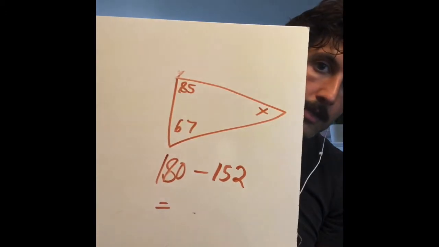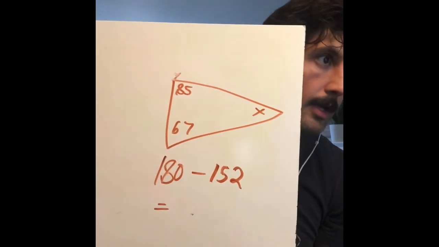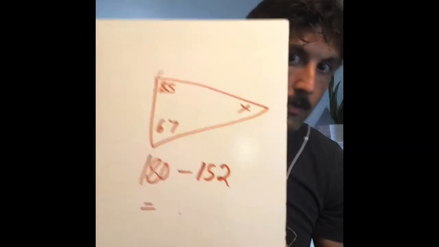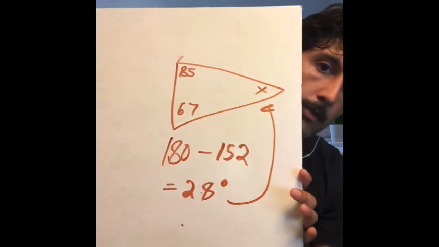So 180 minus 152, because I just added the 85 and the 67. When I do the actual subtraction, I end up with 28. So my x in this case is 28 degrees.